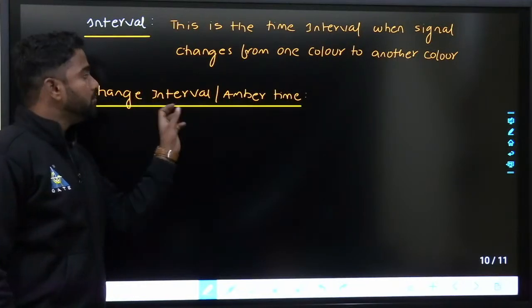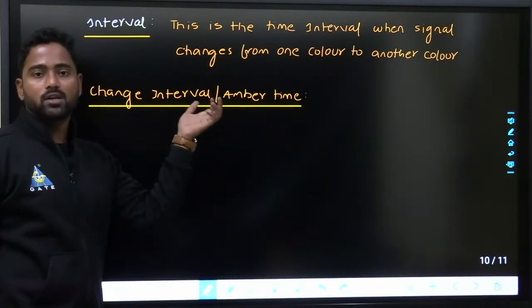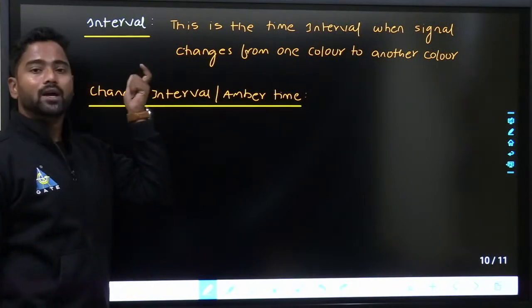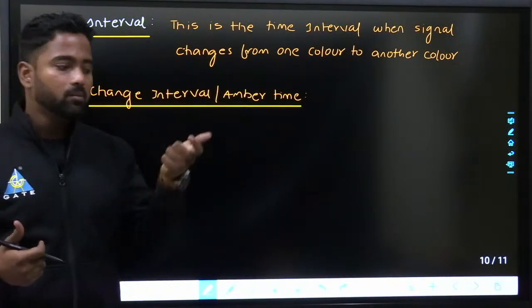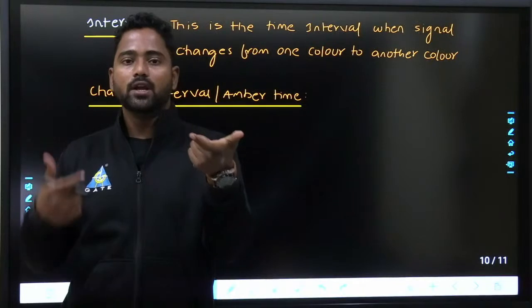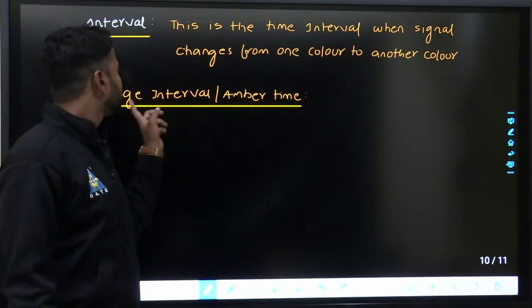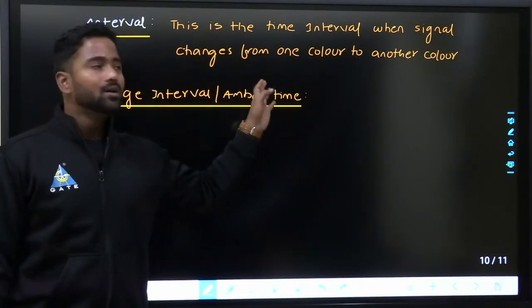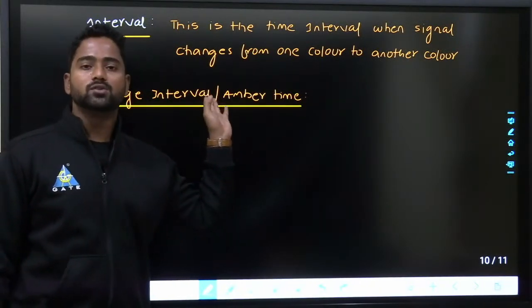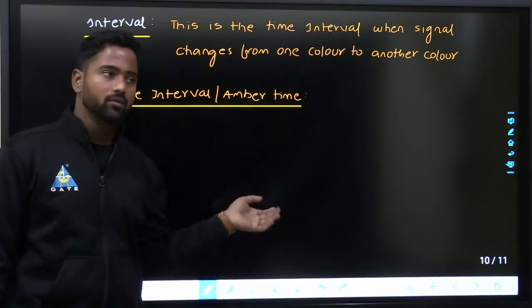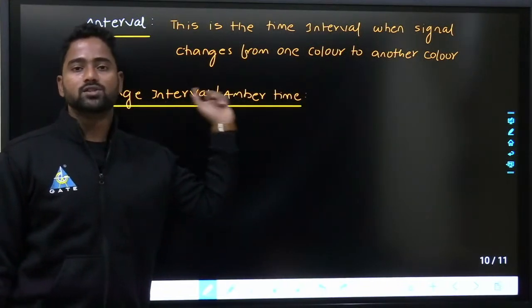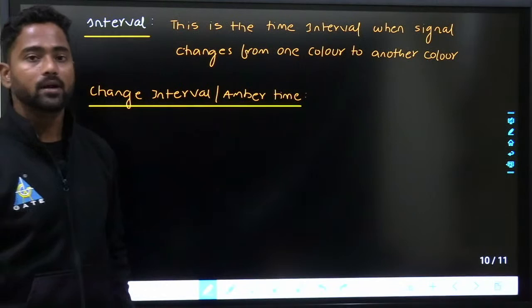It is the time interval between green and red, which we have already discussed. When the color changes from green to red, there is a time interval which is used to provide either for clearance of the intersection or for stopping of the vehicle. That interval is called change interval or amber time.